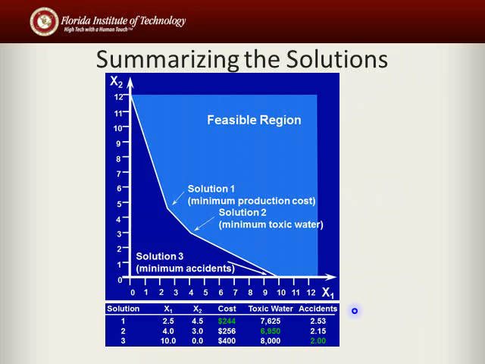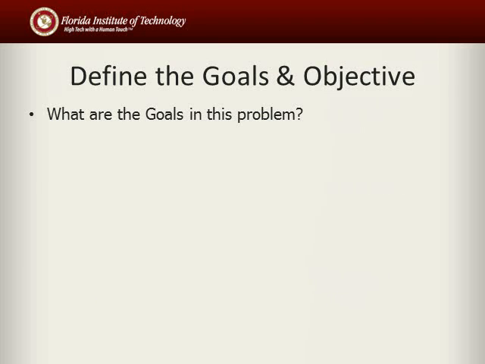So if the decision maker is not happy with any of these 3 solutions, you want to continue the analysis and examine other points along that edge, to find a solution that is acceptable to the decision maker. Let's define the goals and objectives of this problem now that we have defined targets for each of our objectives. These targets are going to be used now to set up 3 different goals corresponding to each of the different objectives in this problem.